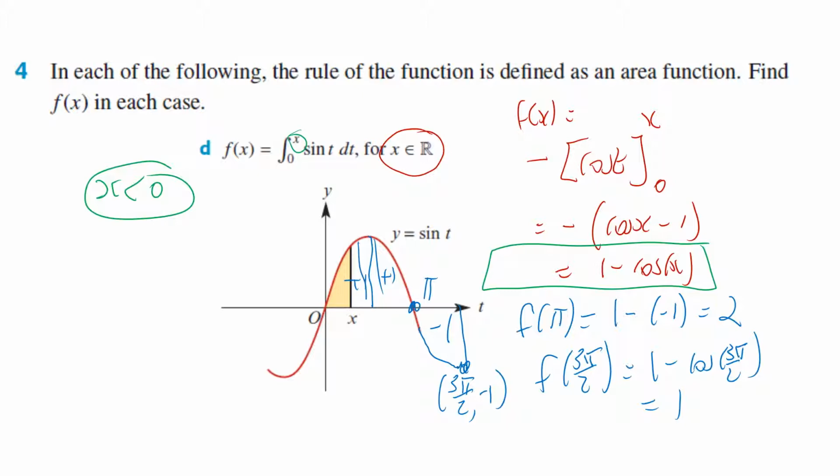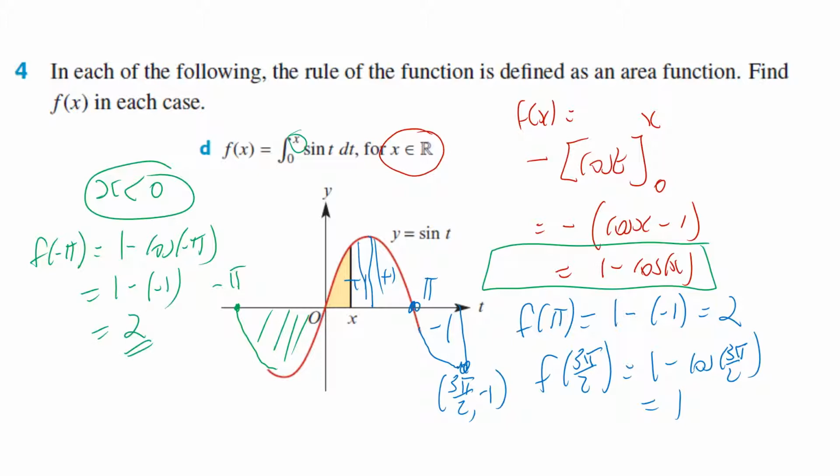As we go over here at minus pi, surely we would have an area of negative 2 is what our function should be saying. So f of minus pi, according to our rule, is 1 minus cos of minus pi, which is 1 minus negative 1, which is 2.